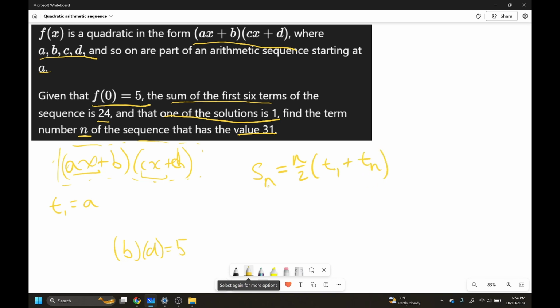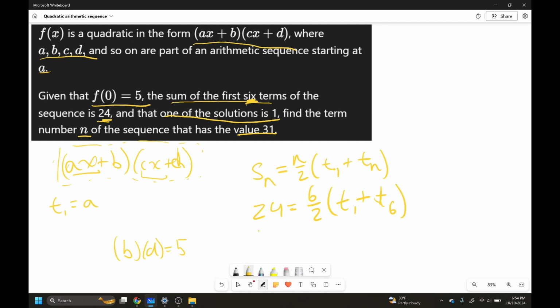I probably should use t as my variable for terms. And we know that 6 terms will give us a sum of 24. So we can plug that in and say 24 is equal to 6 over 2 times term 1 plus term 6.